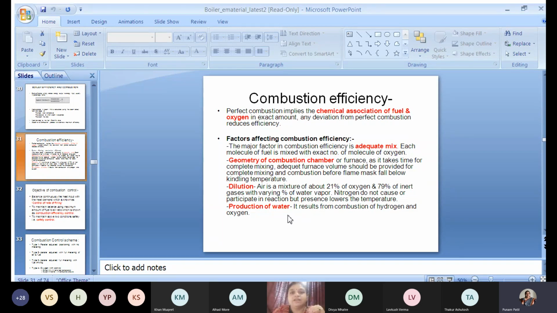So unnecessarily it is adding in the input. Utility तो आपका बढ़ गया ना, efficiency आपका उस वजह से affect हो गया. So this factor is considered.